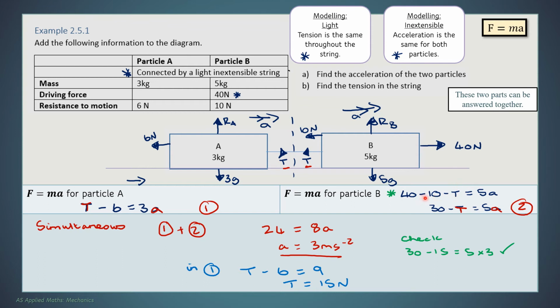The marks for mechanics are in setting up these equations, not for this bit, because this bit is basic algebra. It's these equations where all the marks lie. So this bit down here, you're talking about 2 marks maximum, whereas up here, we're probably talking between 4 and 5 marks just for those 2 equations. So you've got to get them right. If you miss one force out, you don't get any marks for that equation.